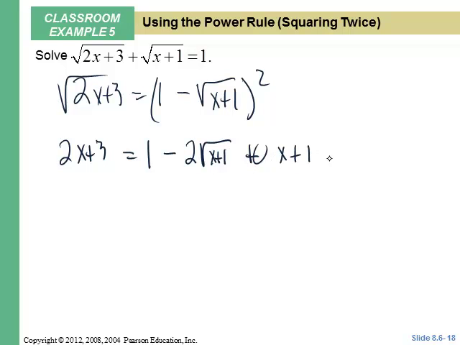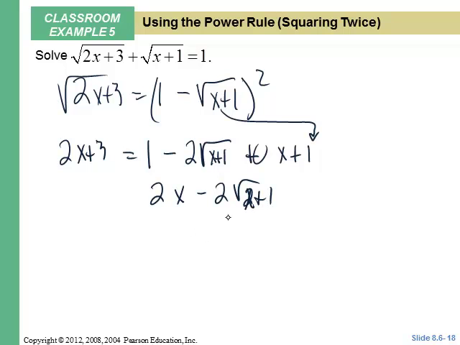I meant x plus 1. See, this squared is this. So 1 and 1 makes 2, x minus 2 root of x plus 1.